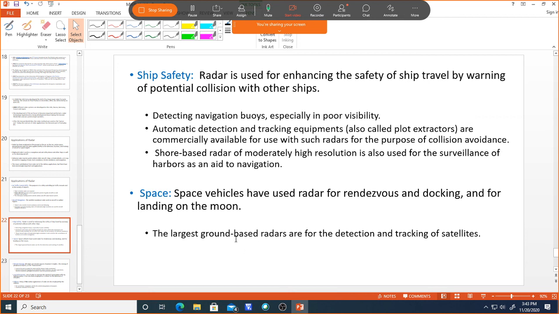Even if any problem occurs in the ground-based radars, we can rectify it very easily. That's why ground-based radars are used most in space communication, for tracking and detection of satellites.